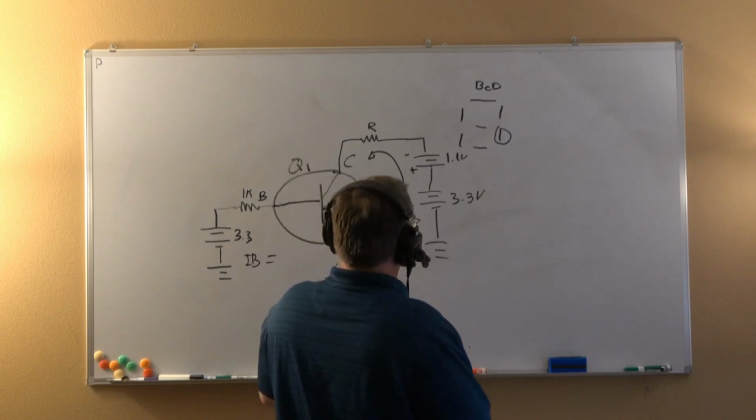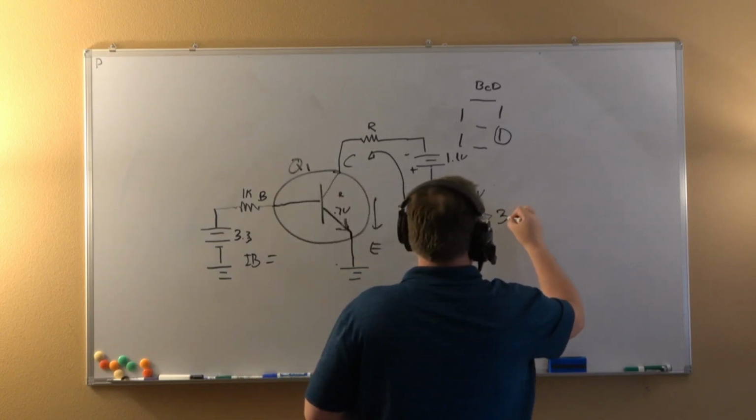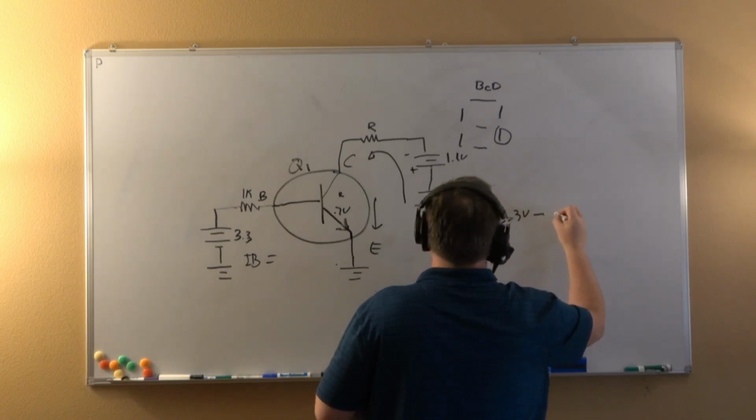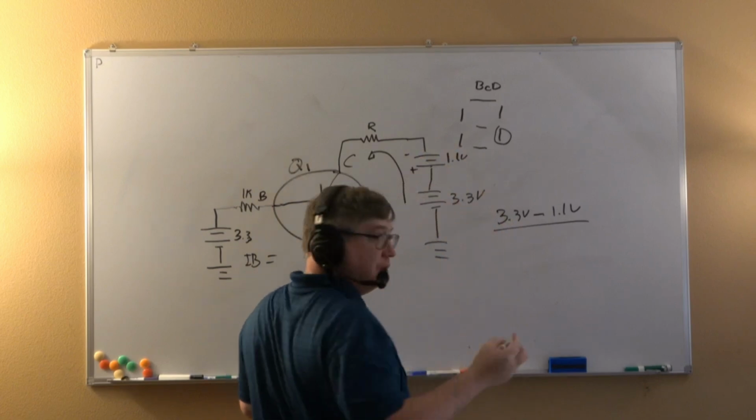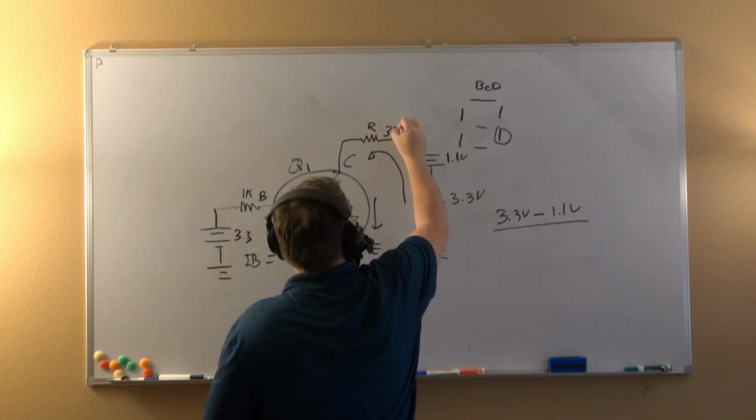So it's going to be 3.3 volts minus 1.1 volt over that R, which was 330 ohms.